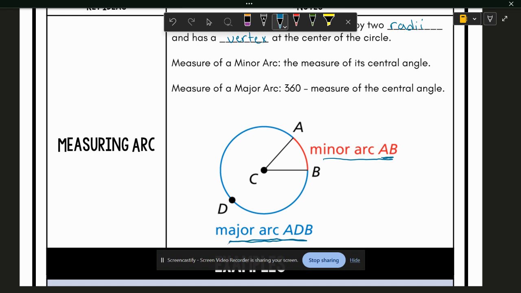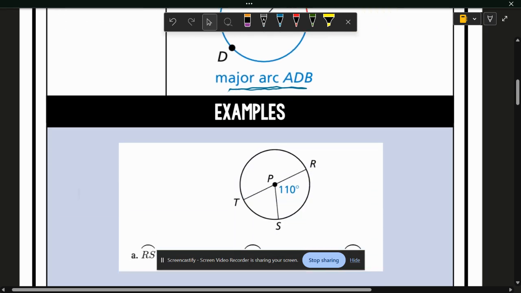A minor arc is going to be less than 180 degrees, or less than halfway around the circle. The major arc is going to be greater than 180. If it is exactly 180, we call that a semicircle, which just means half of the circle. And then it'll also probably be 3 letters to note which way you're going around or what you're looking for.